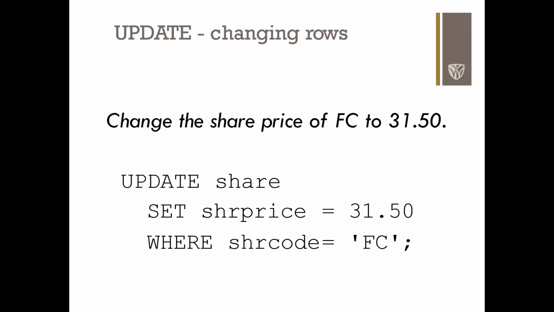Okay, let's say we want to change the share price of Fredonia copper. The way we do that is using the update command, which goes along with the set command. So it's update share, we set share price equal to 3150, and then we have to specify which one. In this case, we're using share code equal to FC.